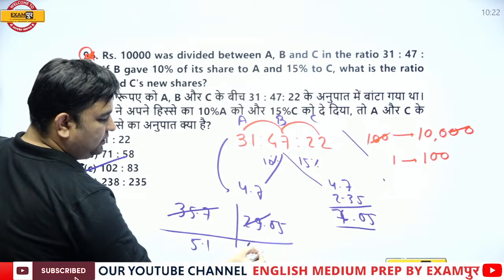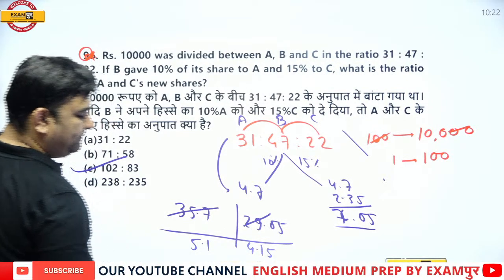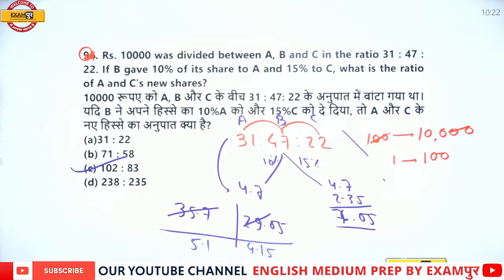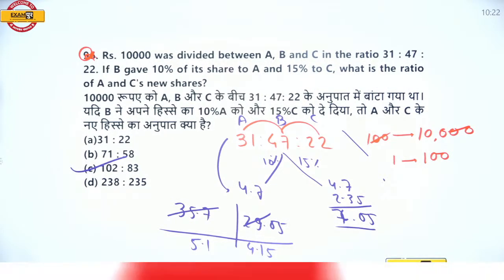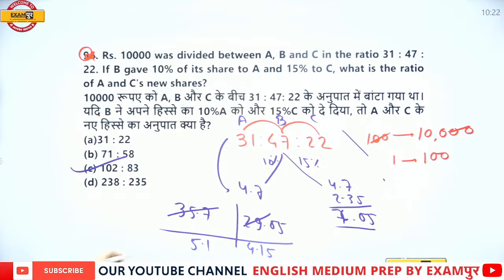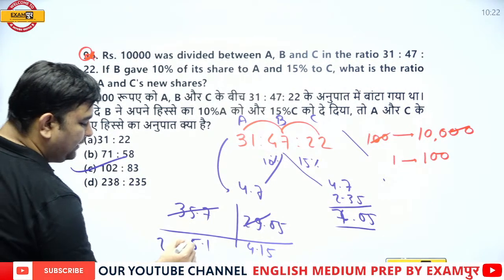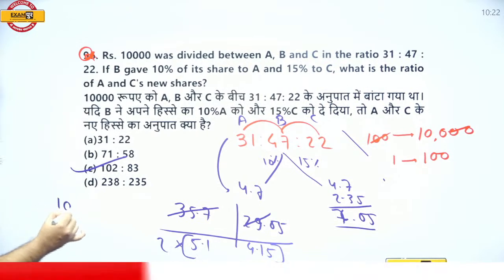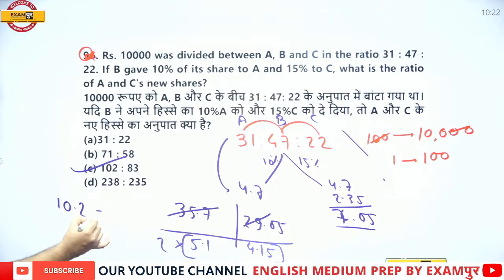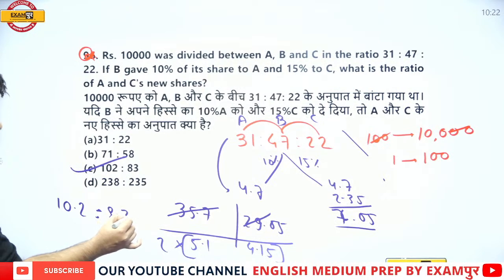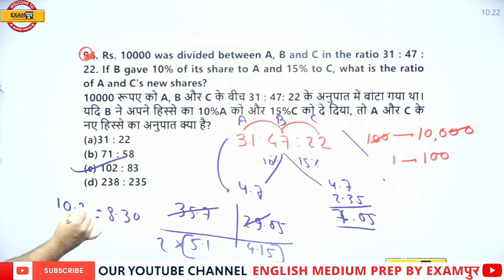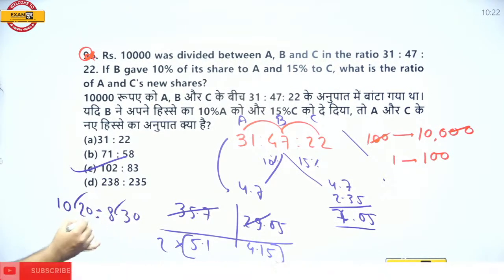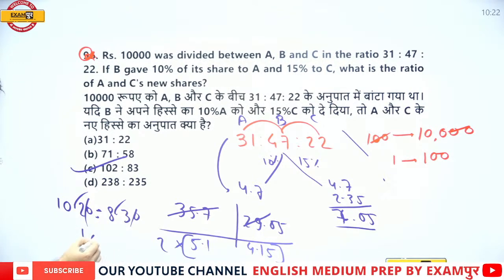So 5.1, 4.3, 4.15. Multiply by 2, it will become 10.2 and 8.30. So take the decimals out, 10283.